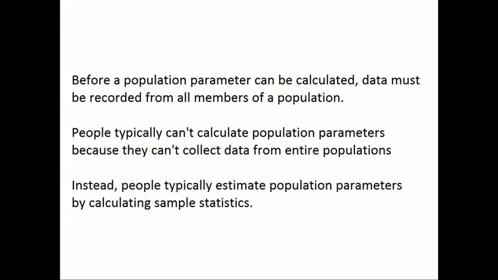And we said that the process of calculating a sample statistic to estimate a population parameter is called statistical inference. So using a sample mean to estimate a population mean is statistical inference. Using a sample standard deviation to estimate a population standard deviation would also be statistical inference.